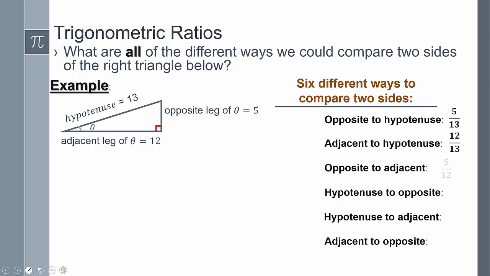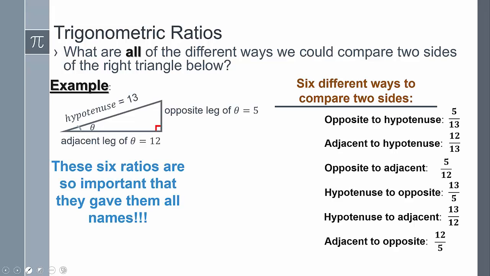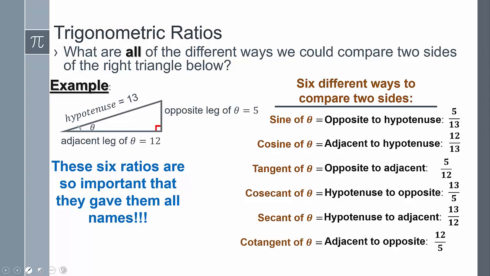Now, here are the actual values associated with it. For example, the opposite to the hypotenuse. Even though I have these values, these actually have names. The first one is the sine value. The second one is the cosine value. The third is the tangent value. The other 3 do have names, but we're not going to focus on that in this lesson.